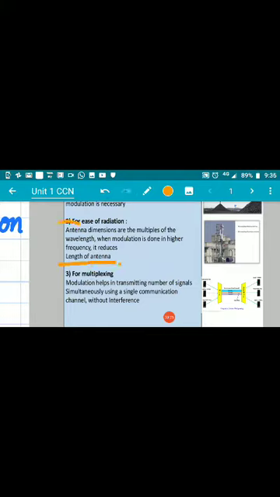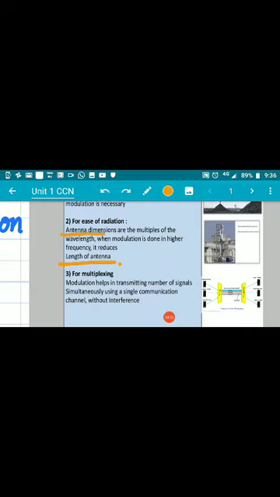Because the dimensions of an antenna depend on multiples of wavelength. I mean, the antenna dimensions are multiples of wavelength.